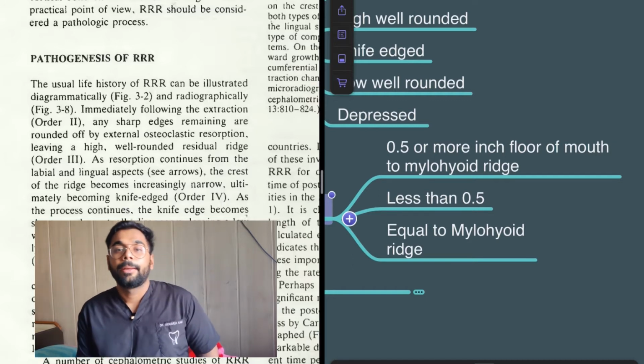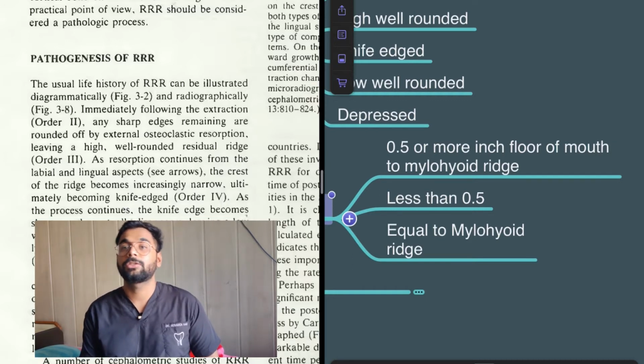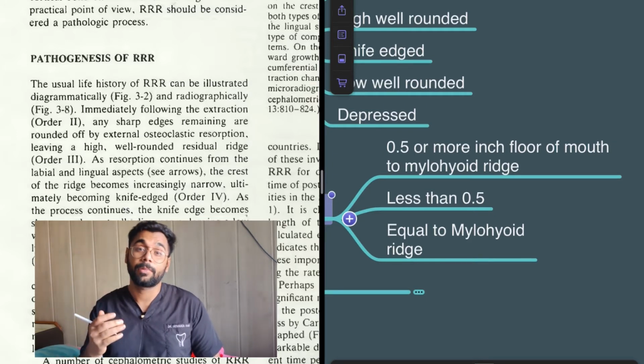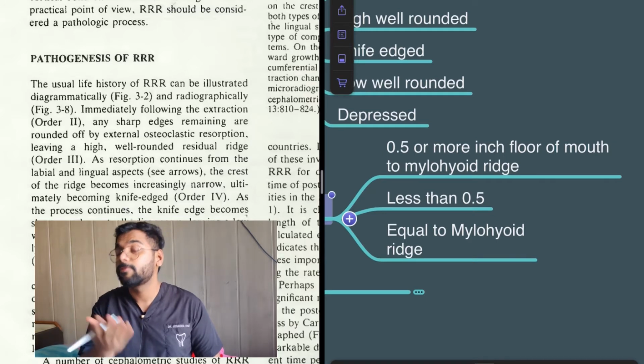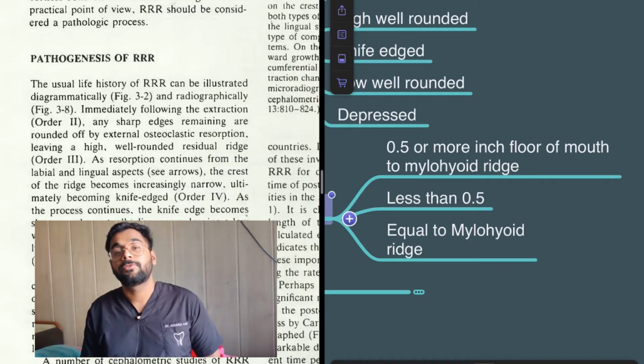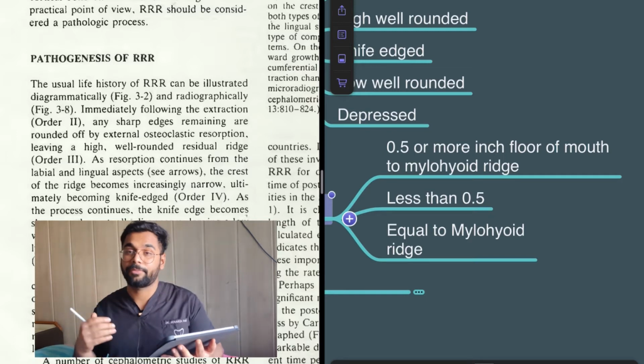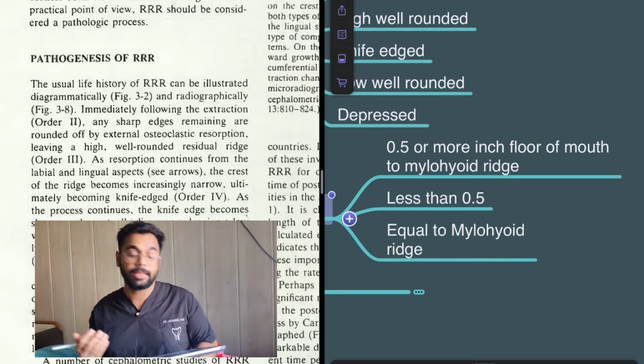So the mylohyoid ridge. What is the distance between the mylohyoid ridge and the floor of the mouth? He has classified it into 3 classes, basically 3 classifications.